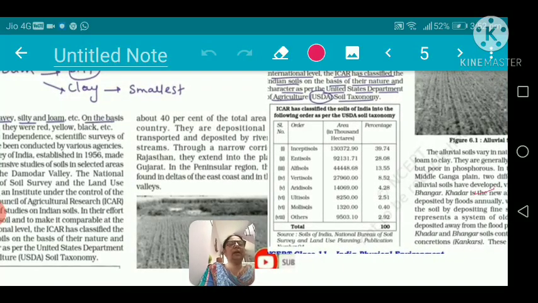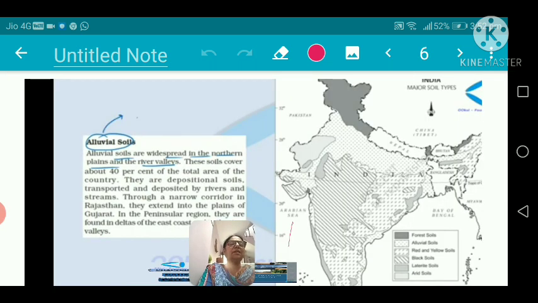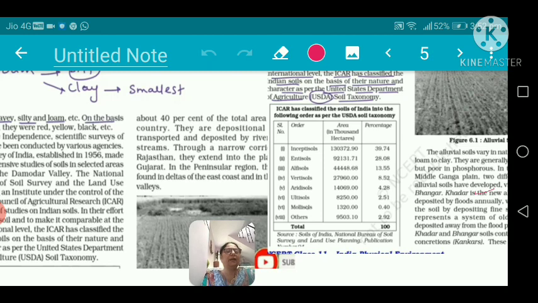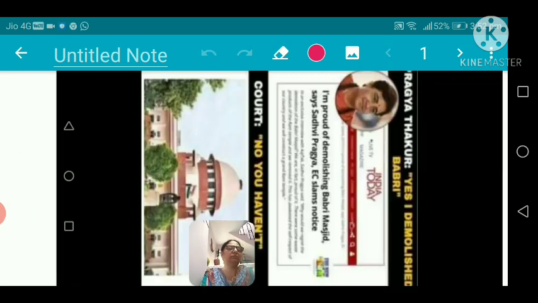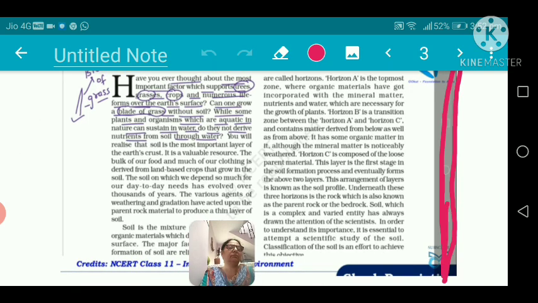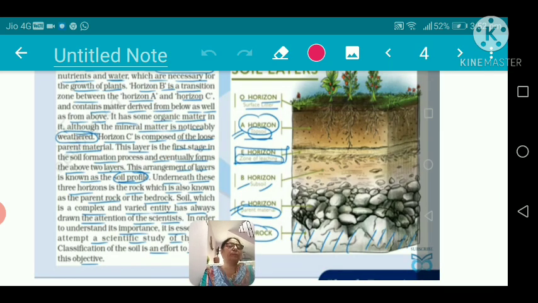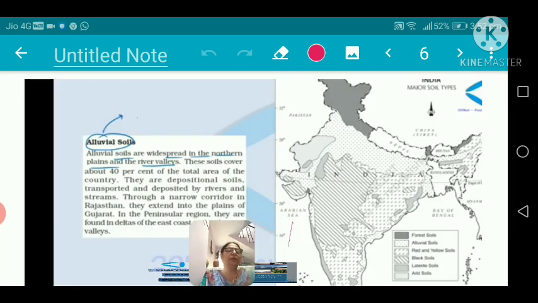But the Indian soils are classified on different bases. First soil is alluvial soil. You may see along with the map. I have tried to show you the map on one side, and on the other side the description about the alluvial soil.